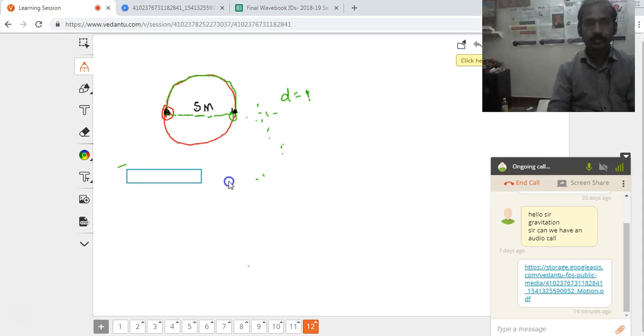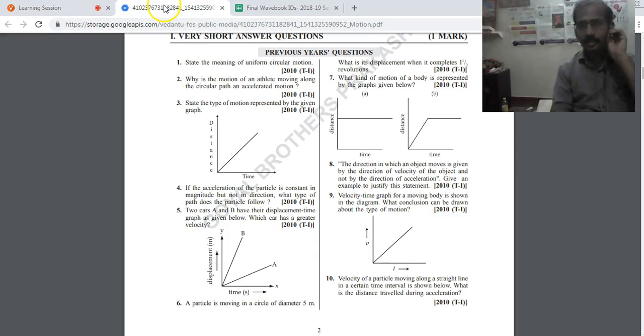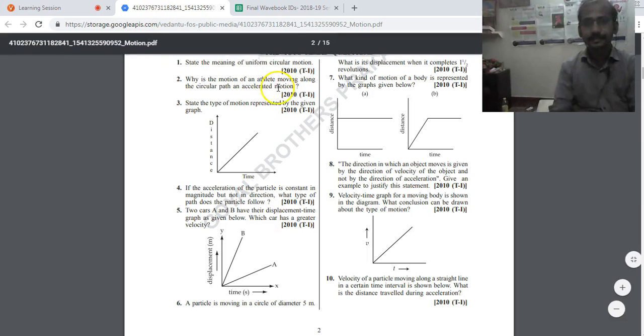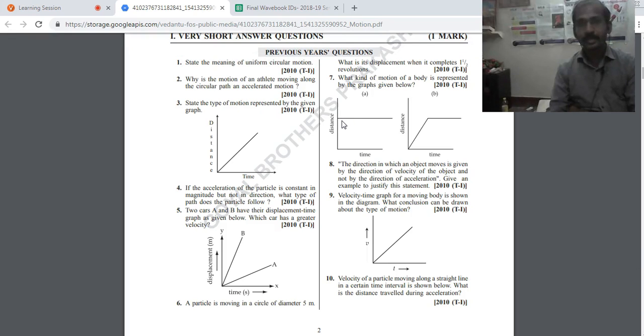What kind of motion of a body is represented by the graphs? What's the first question? In that A, which graph does it indicate? Both are distance-time graphs. What type of motion is it?